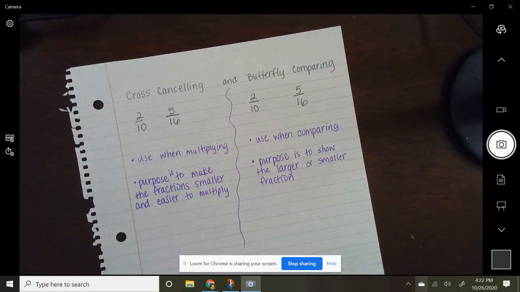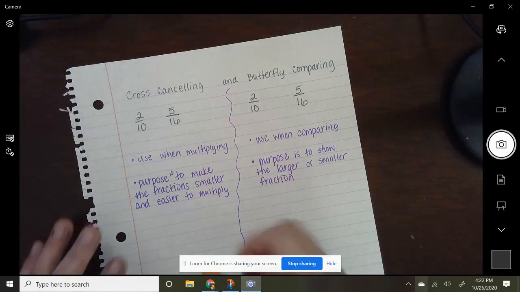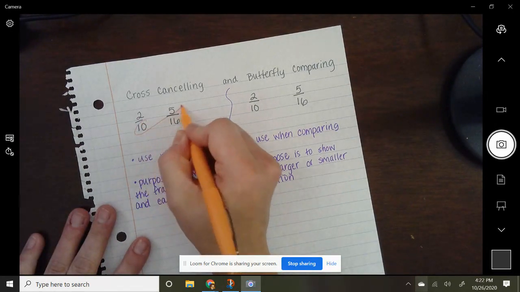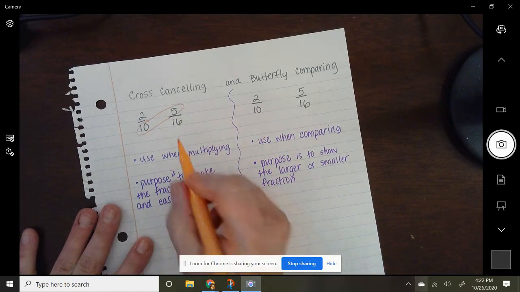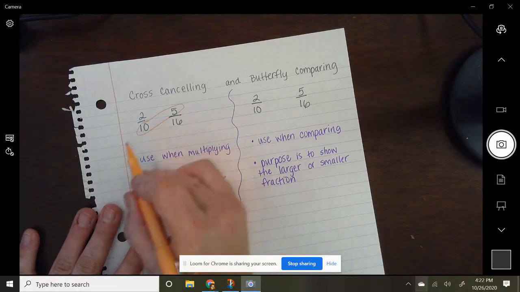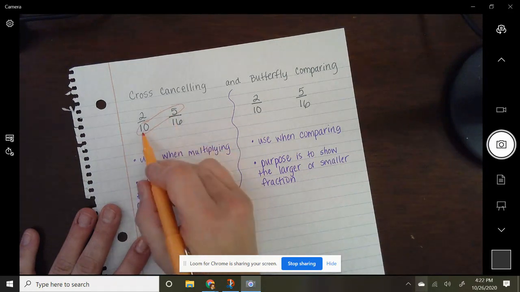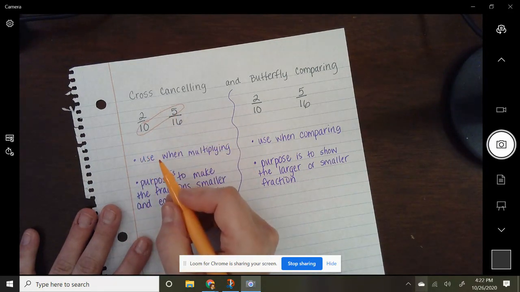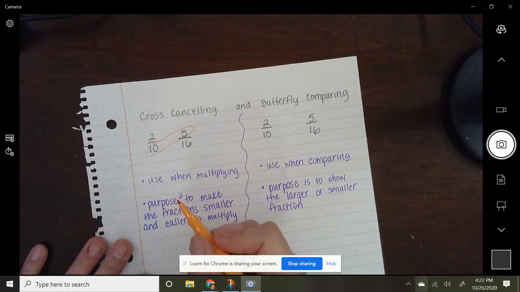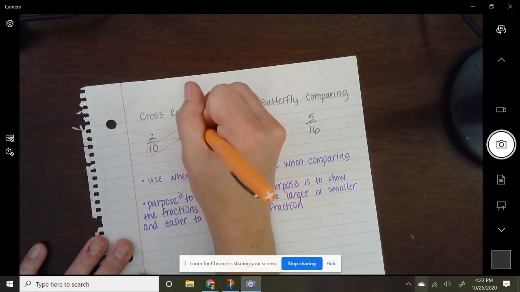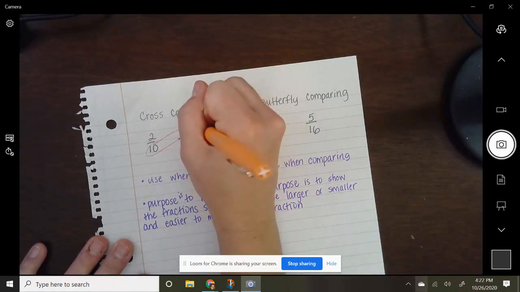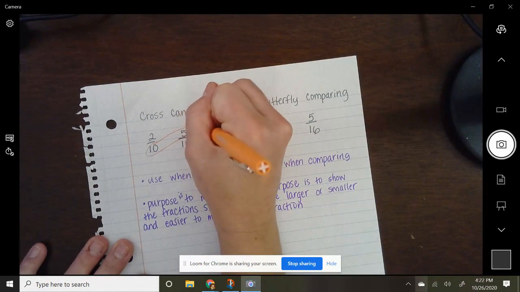Okay, so cross-canceling is when you still are looking across this way and you're asking yourself, do these have any factors in common? Do these two numbers? And the answer is yes. These two factors have a 5 in common. So what I'm thinking here in my thinking bubble is 5 divided by 5 equals 1.